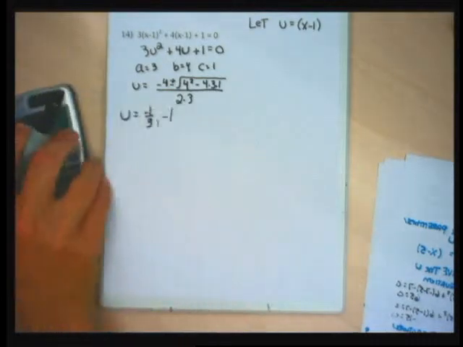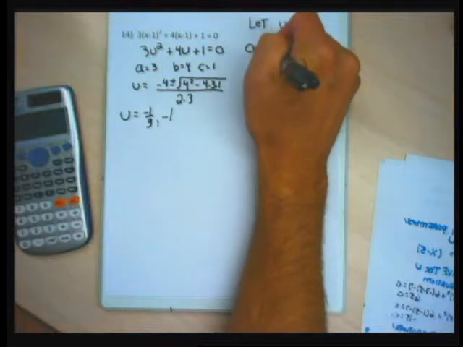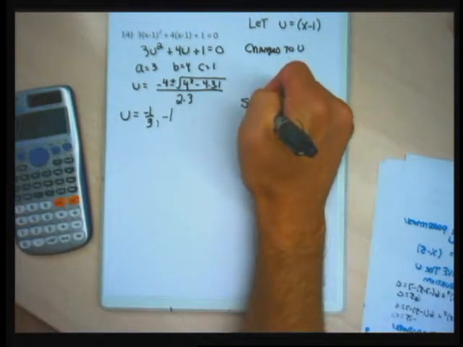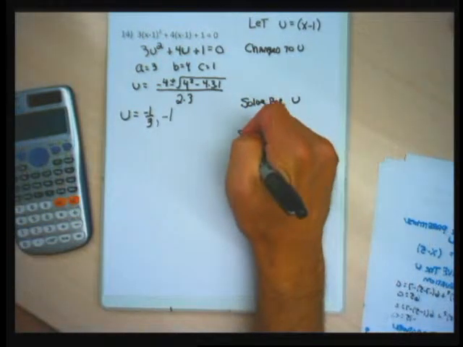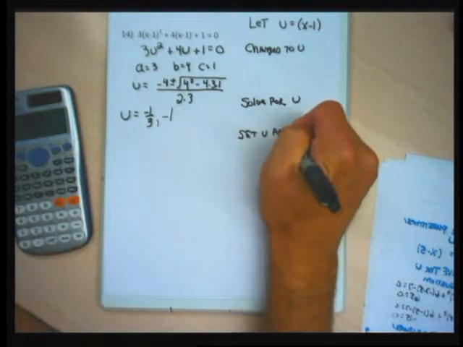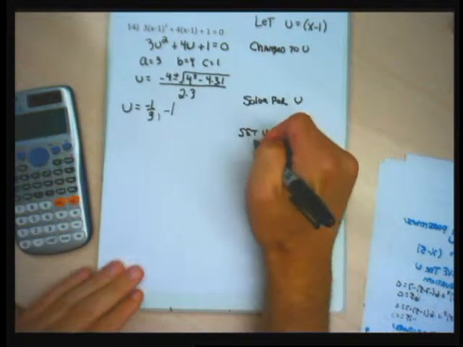So first I changed the parentheses to a u, and then I solve for u, and then I set the u answers equal to the inside of the parentheses.